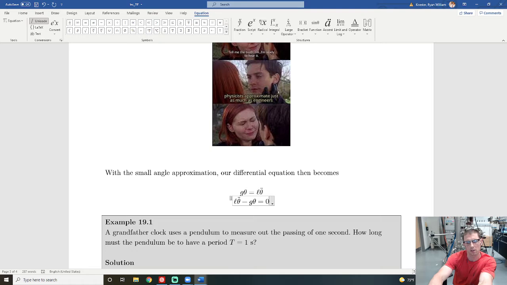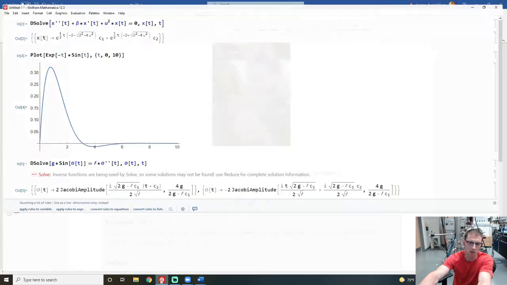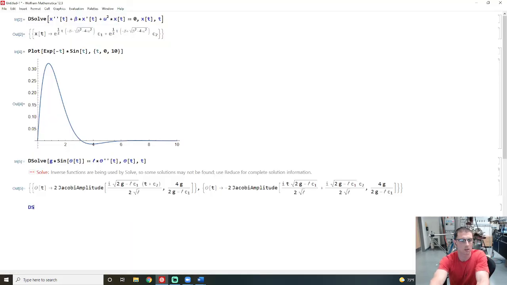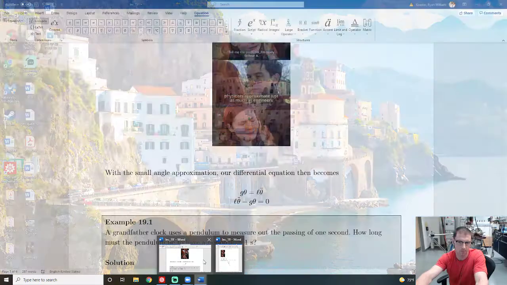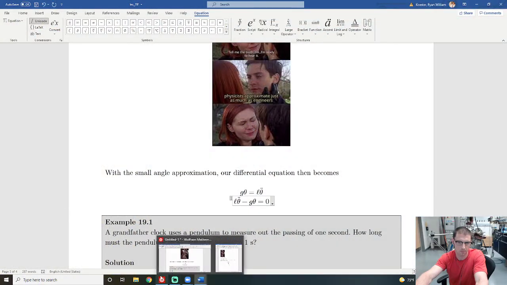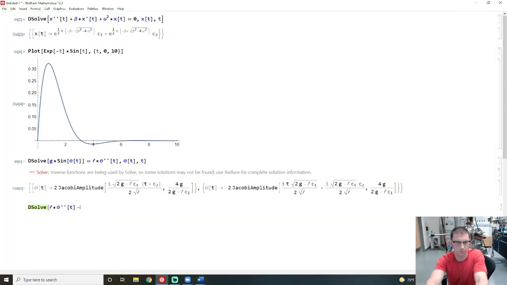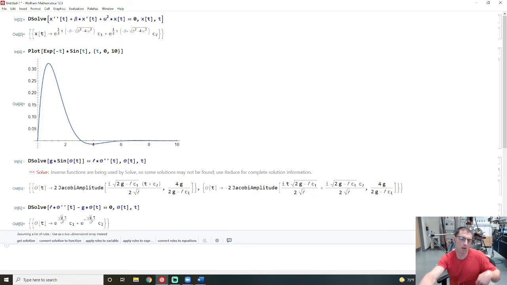I don't like that there's a negative sign there, though. I don't think this is how this is supposed to work. Let me just see something here. Yeah, we're getting an exponential.